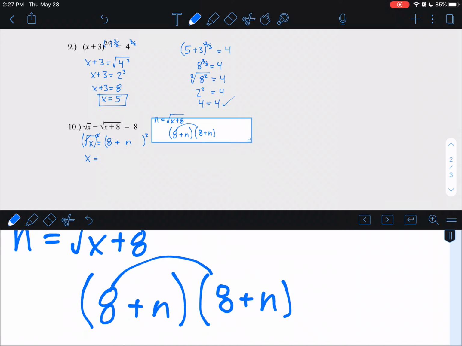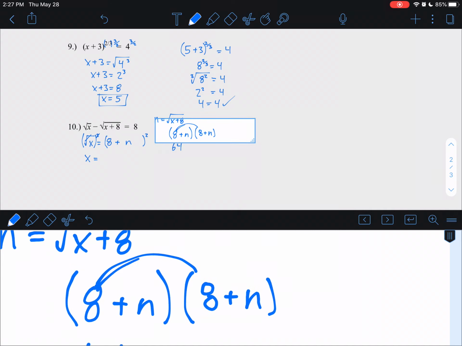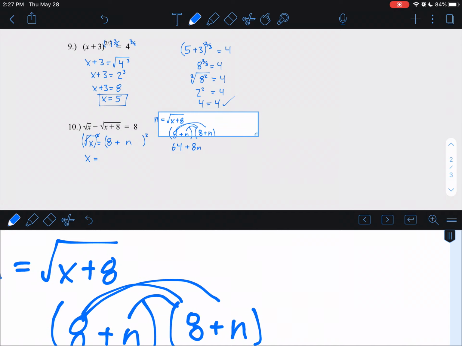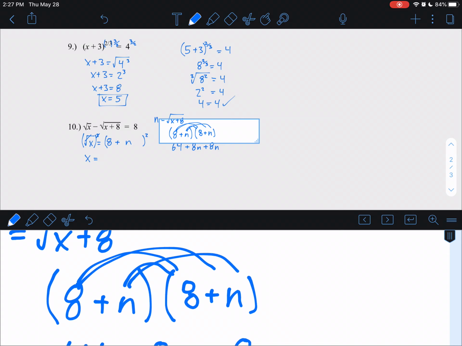So I do 8 times 8 gives me 64. 8 times n gives me 8n. n times 8 gives me 8n. And then n times n gives me n squared.